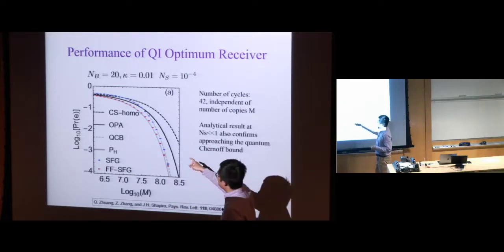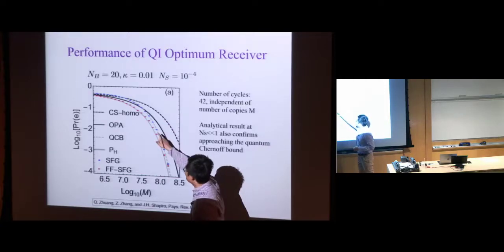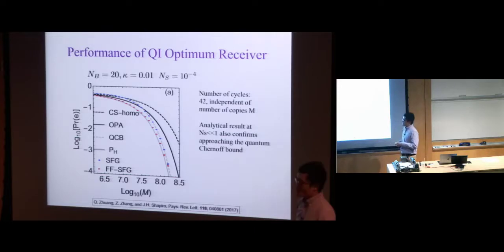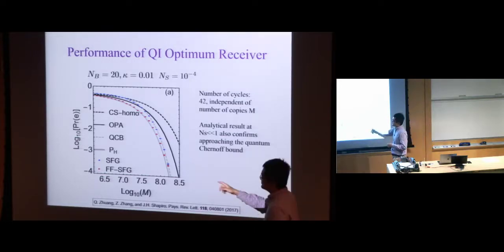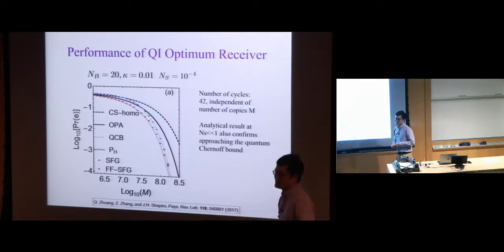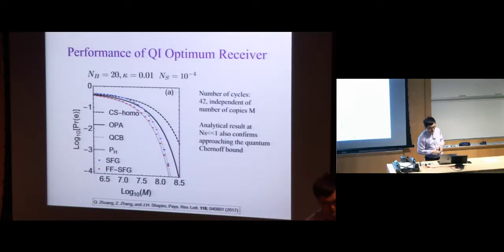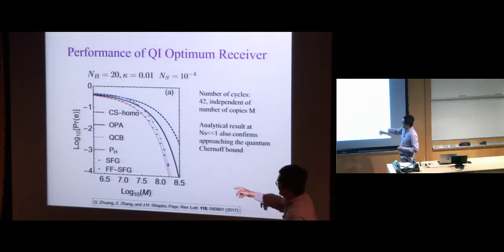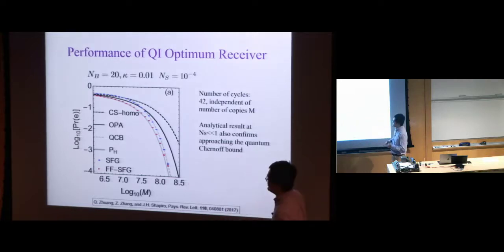And it beats the Chernoff bound. So these blue dots are the receiver without feedback, and the red dots represent the result with this feedback mechanism. So it improves upon these blue dots. But they all beat the performance of this OPA, optical parametric amplification receiver.